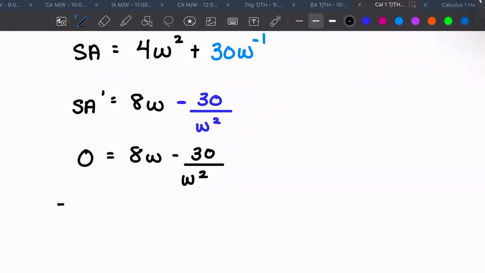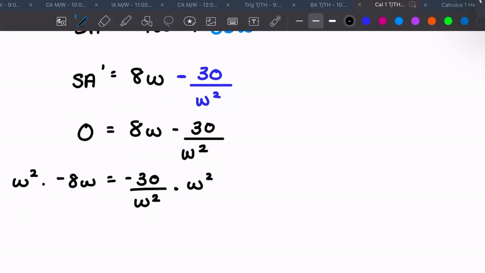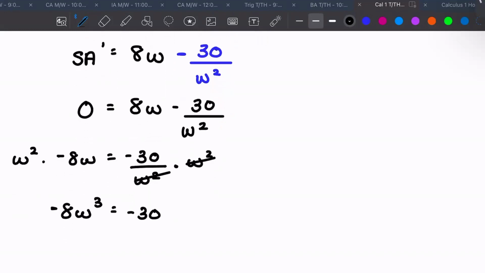So subtract, multiply by W squared. And then I would divide by negative 8.